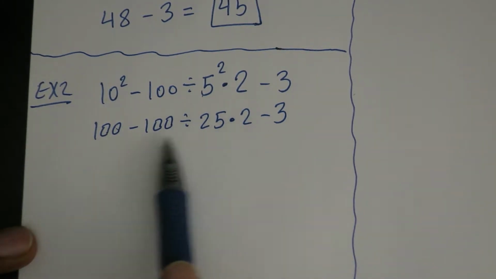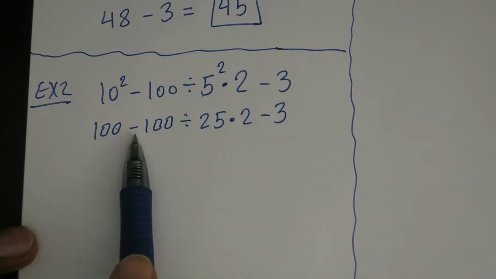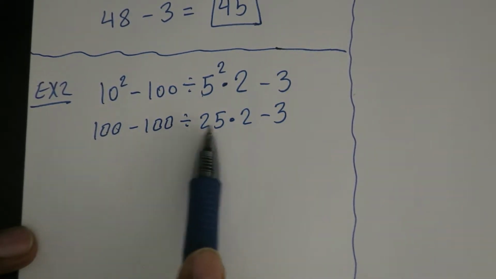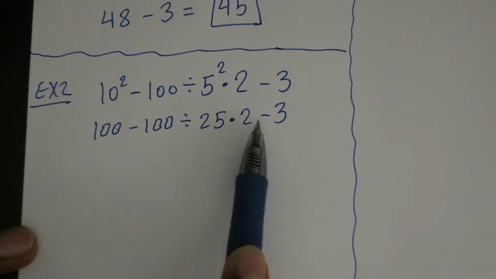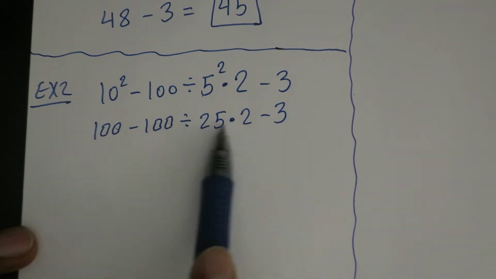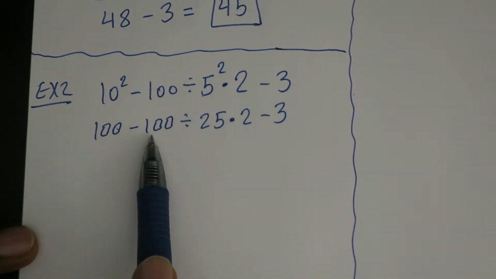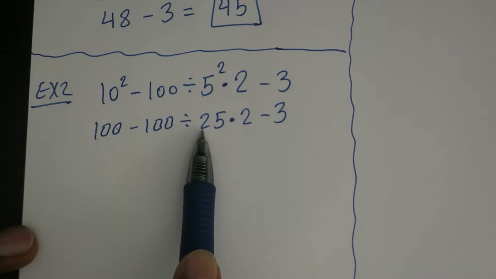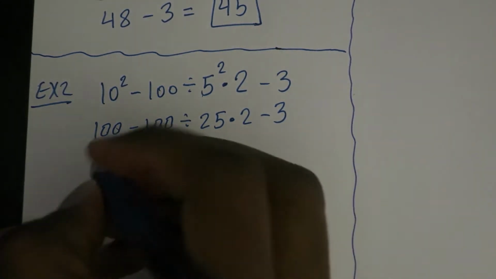Now the next thing that I have in the order of operations here is subtraction, division, multiplication, and subtraction again. So of course multiplication and division come first before you can add and subtract. And because division comes first here before multiplication, I have to divide 100 divided by 25.